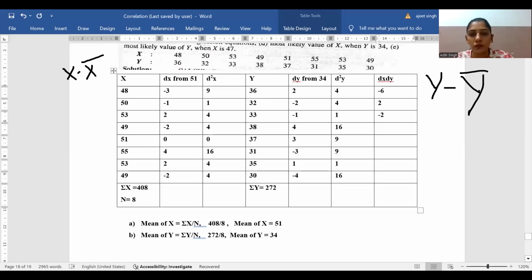Minus 2 times 4 is minus 8. 0 times 3 is 0. 4 times minus 3 is minus 12. 2 times 1 is 2. Minus 2 times minus 4 is 8. Now we will calculate the sum of dx dy, which is 6 minus 6 plus 2 minus 2 minus 8 minus 12 plus 2 and 8.